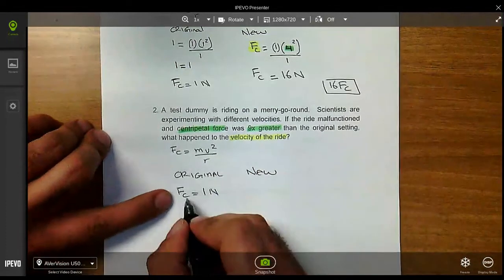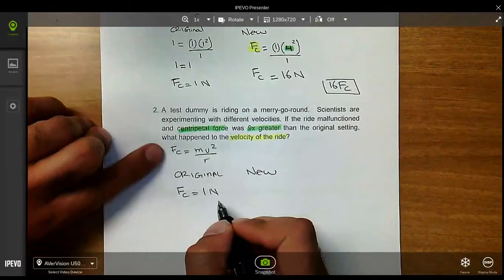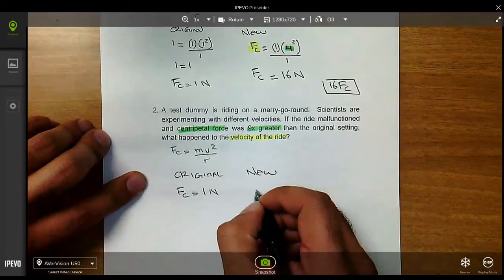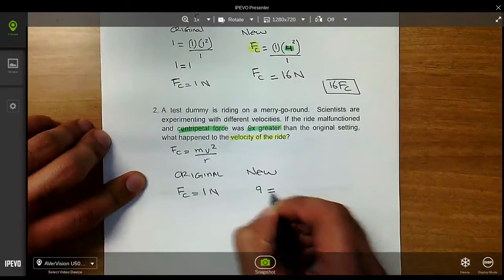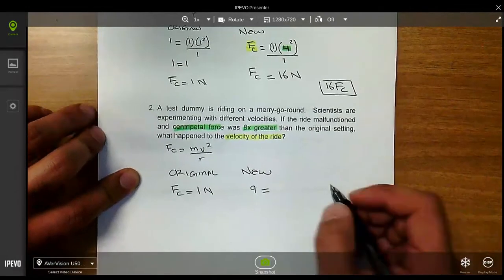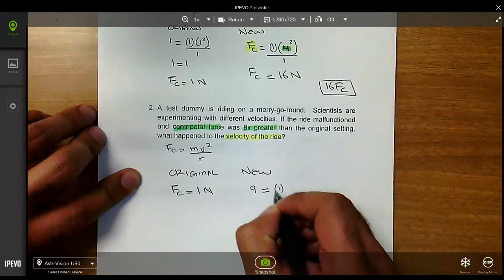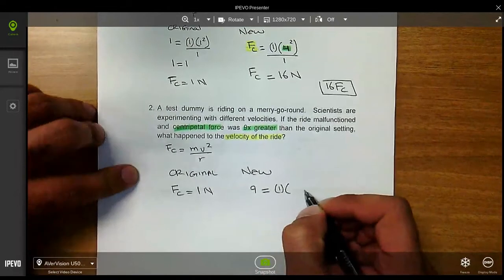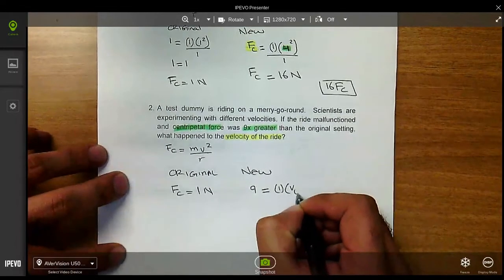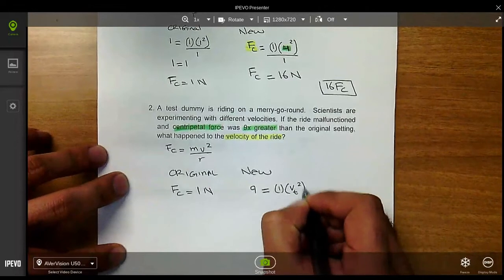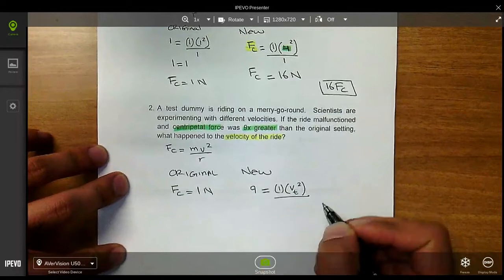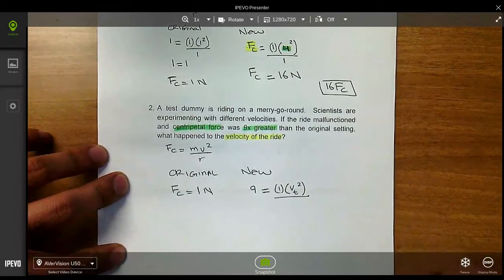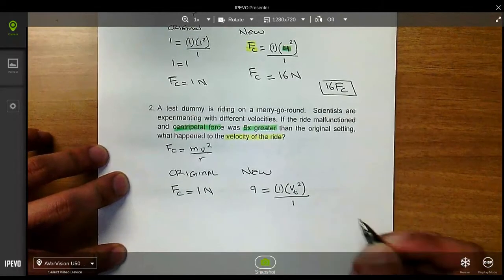So Fc was originally a 1, and this is going to become a 9. So this is 9 on the left-hand side, is equal to, nothing changes with the mass, so that's still a 1. The velocity is what we're solving for, so that's Vt, remember that's squared, and only the velocity gets squared, nothing else, divided by our radius, which doesn't change, therefore it's still 1.